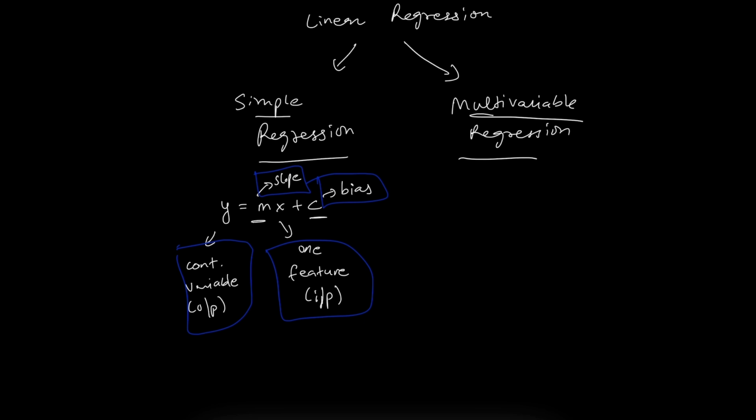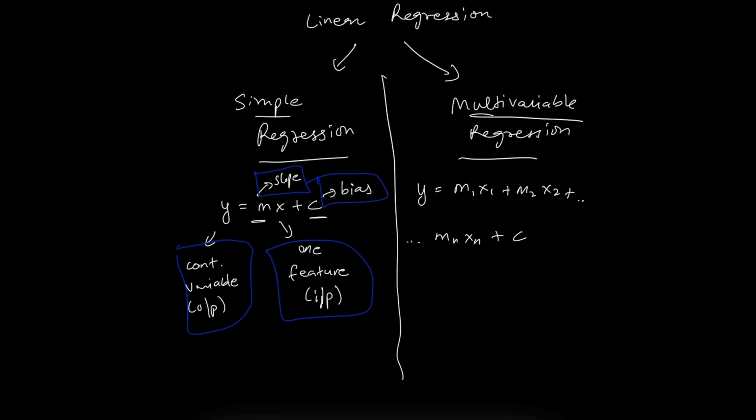Now, for multivariable regression, we are assuming multiple variables in the function. So we have y equals m1x1 plus m2x2 plus, basically going up to, mnxn plus c.